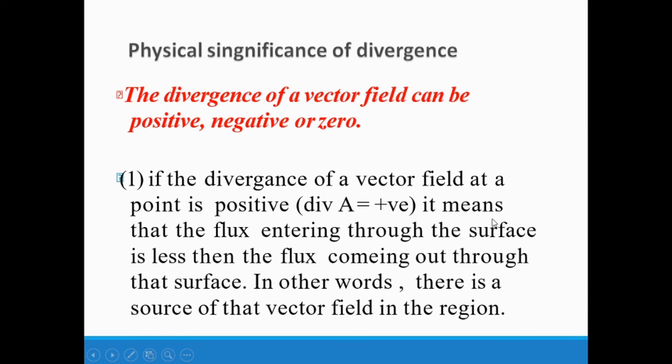It means that the flux entering through the surface is less than the flux coming out through that surface. That means there is a source of that vector field in the region.